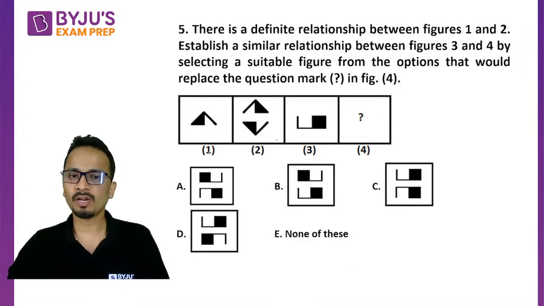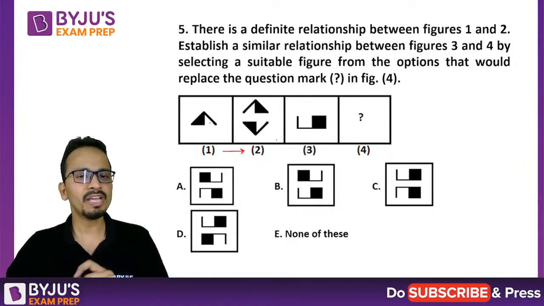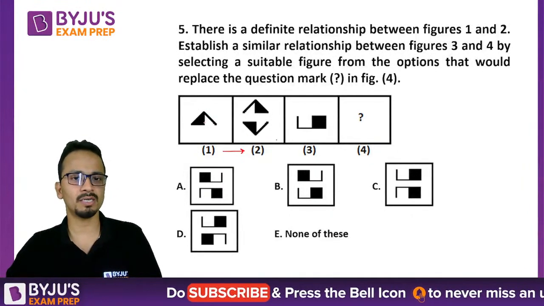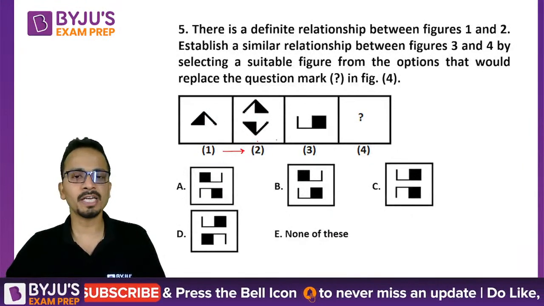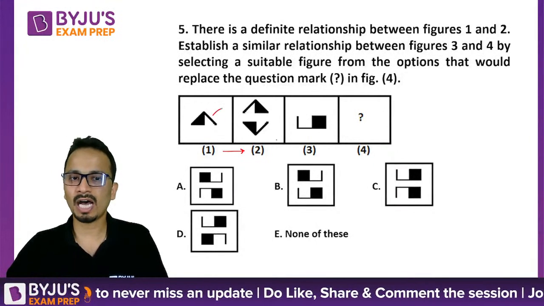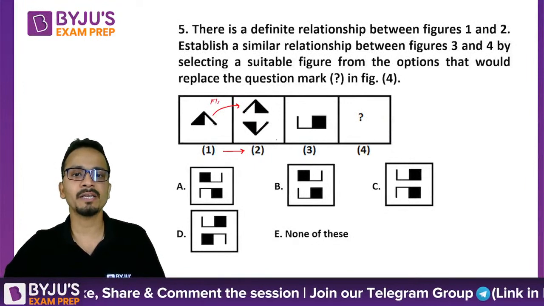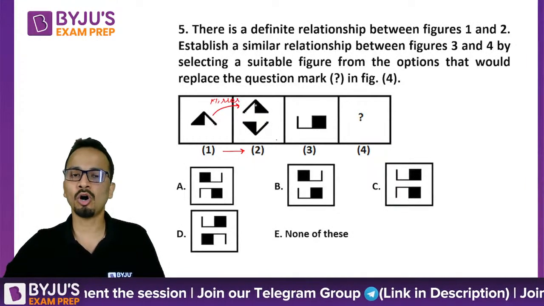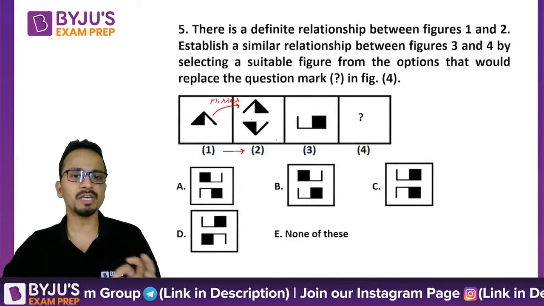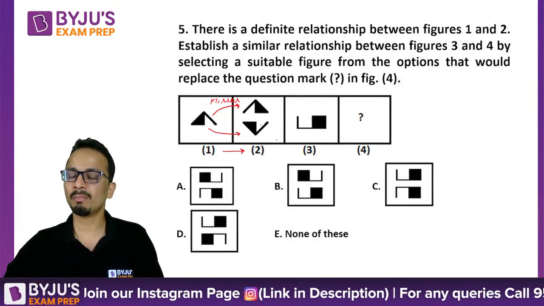Now, figure 1 and figure 2. Let's see what has happened. Now in figure 1, there is just one portion, one part of the figure, which is divided in two parts in the second figure. Now the upper portion here is the mirror image. I'm writing it here. The upper portion of figure number 2 is the mirror image of the figure in figure number 1. What about the lower one, the bottom figure?